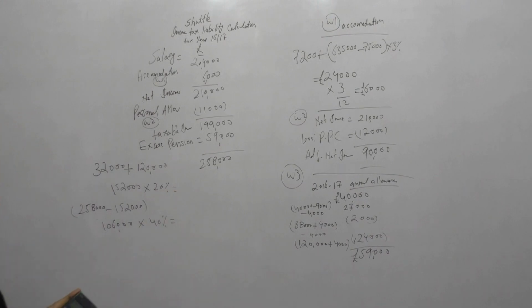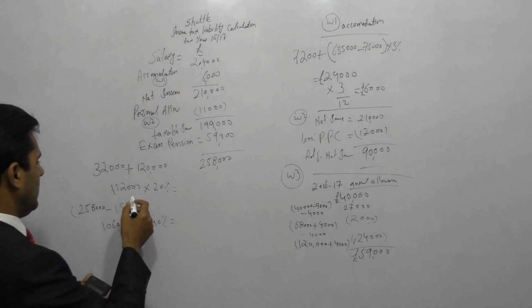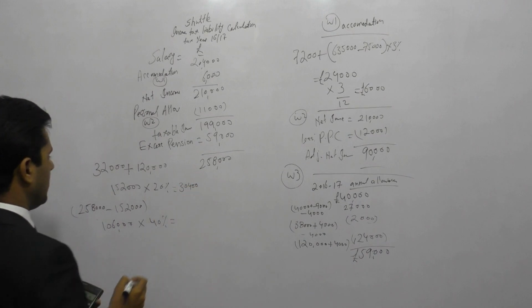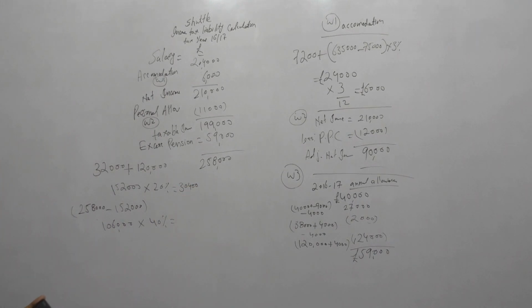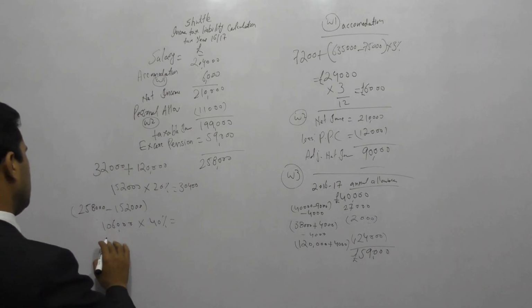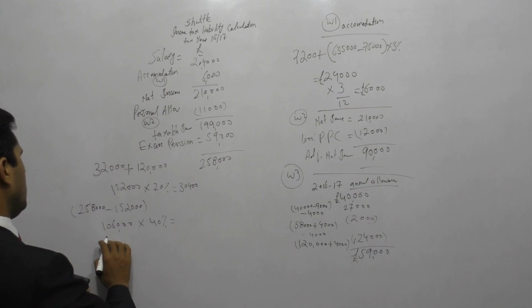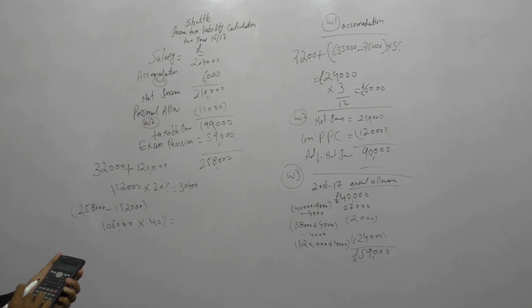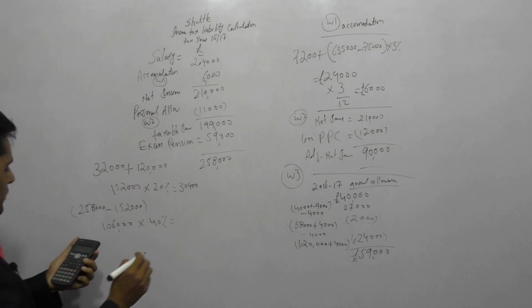Please make sure you calculate these figures. At 20%, the tax on the basic rate band is £30,400, I think. Let me do it on the calculator. I'm not a genius. £106,000 at 40% is £42,400.